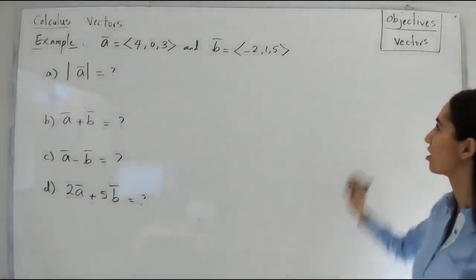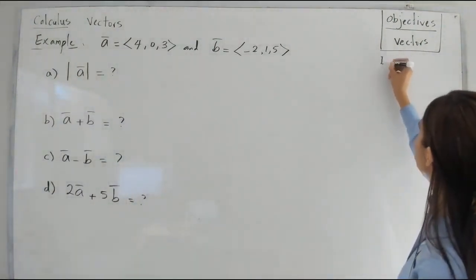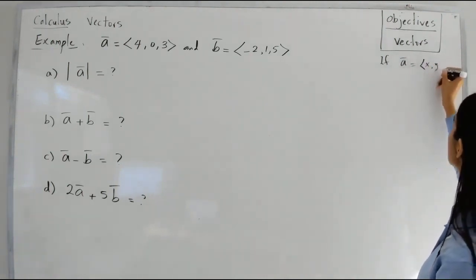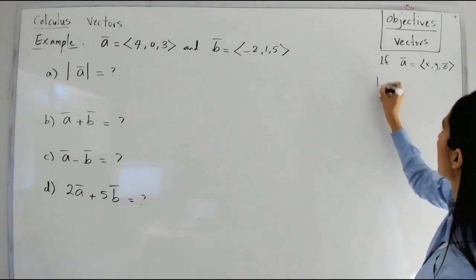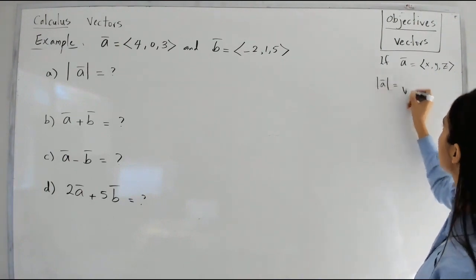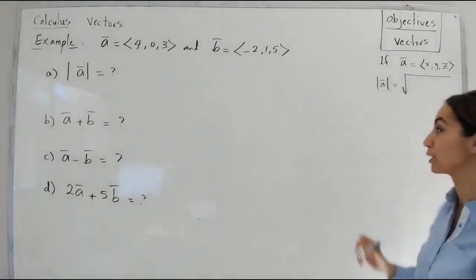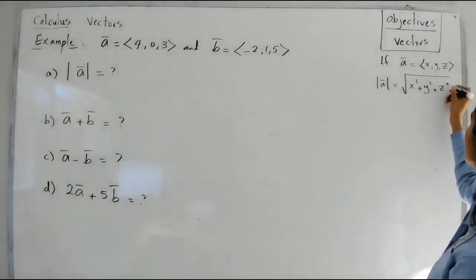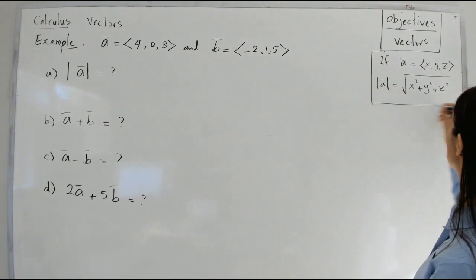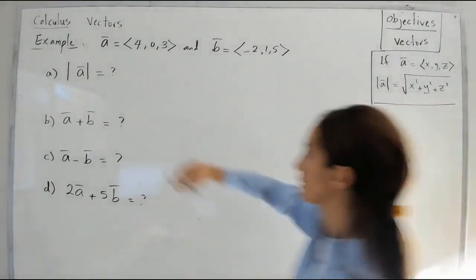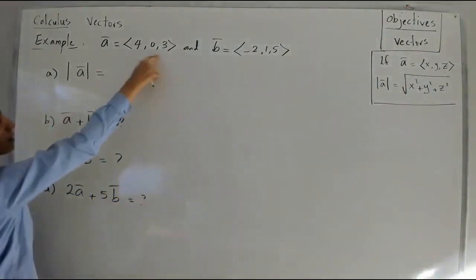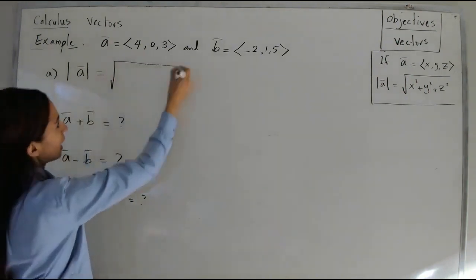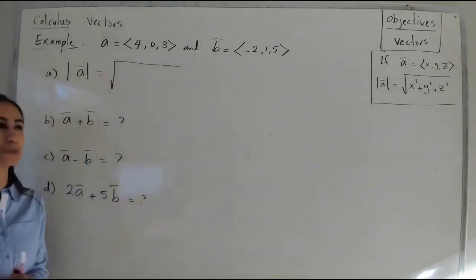Very well. First, recall that if a is a vector like x, y, and z, then the magnitude, norm, or length of the vector is defined as the square root of x squared plus y squared plus z squared. So let us take these components of the vector a, raise each to the second power, add them together, then take the square root.